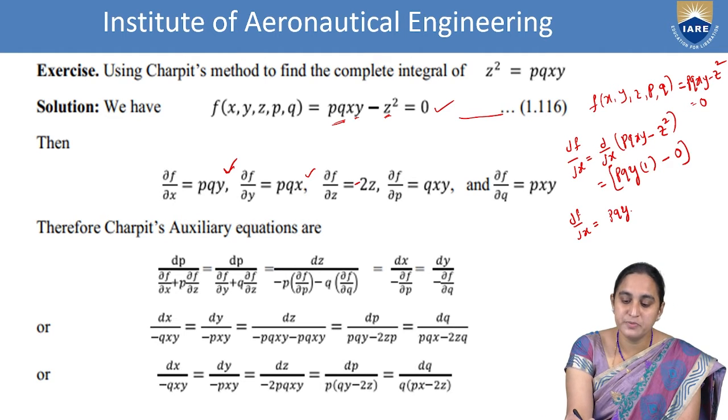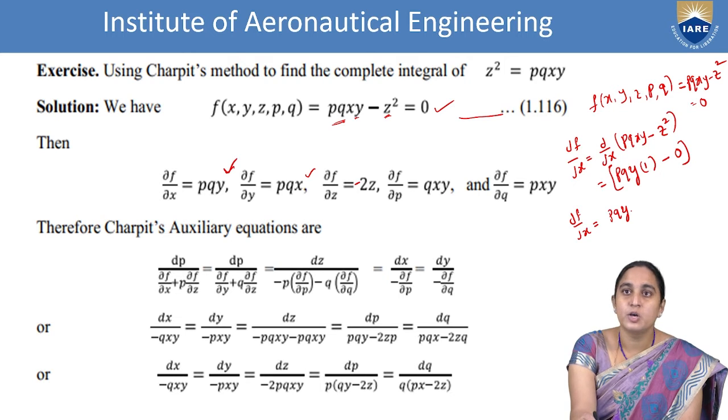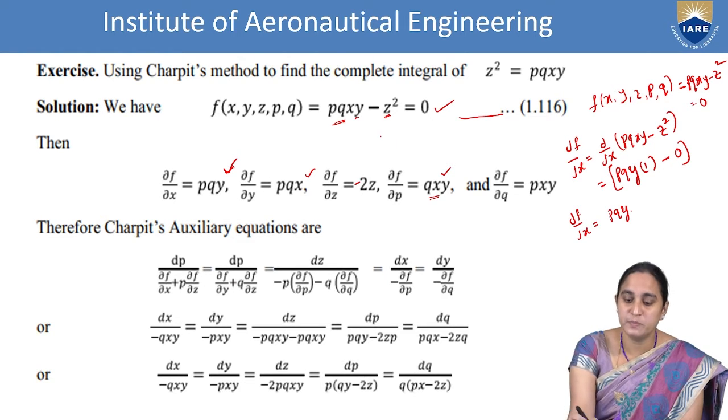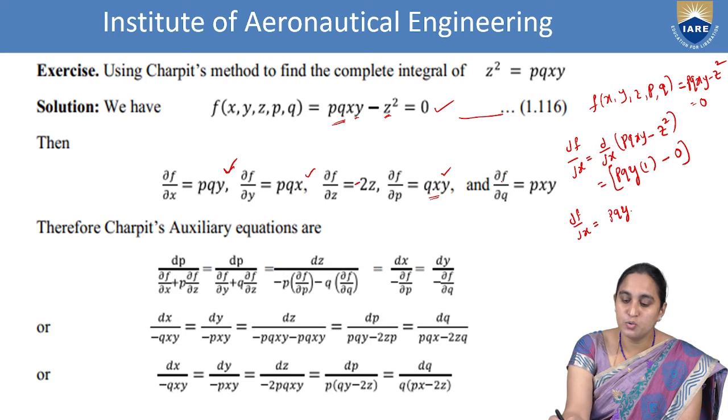Next, differentiation with respect to p: qxy is constant and p differentiation is 1, so that is qxy. Next, differentiation with respect to q: pxy is constant and q differentiation is 1, so dou f by dou q is pxy.